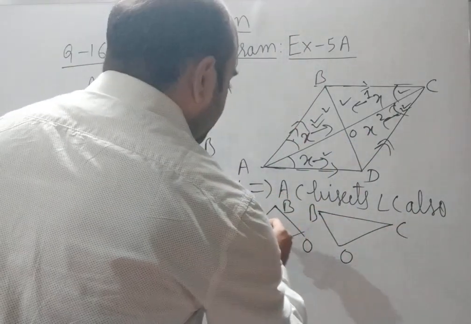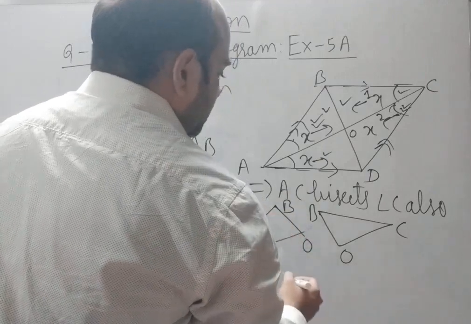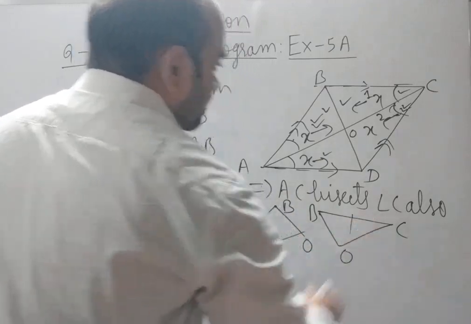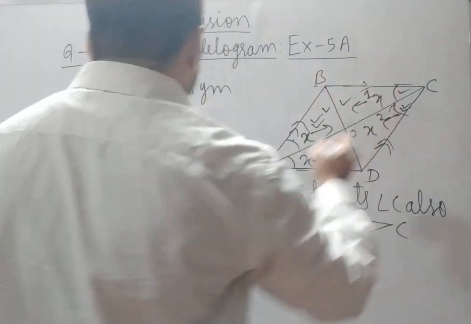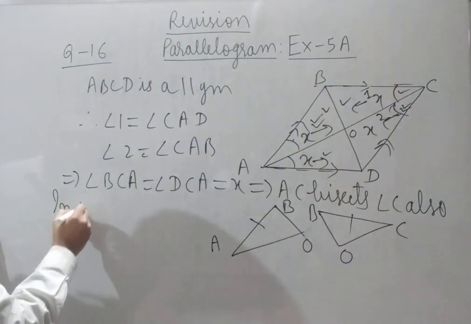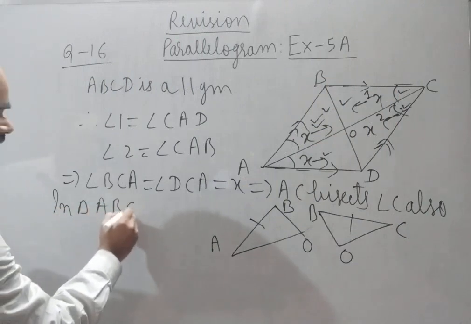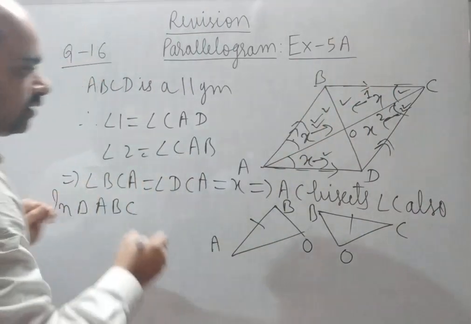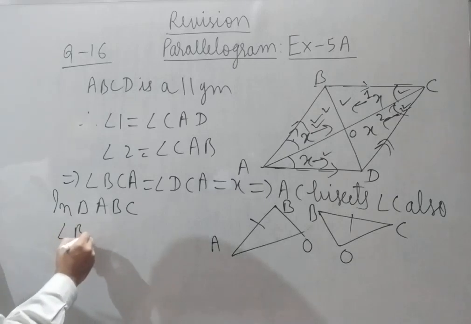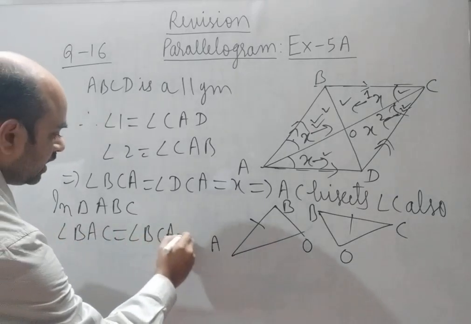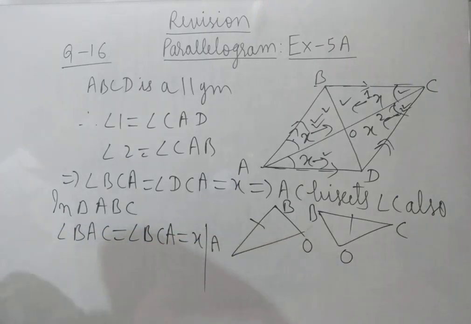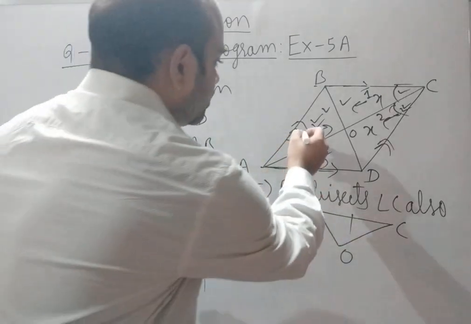In both the triangles, AB is equal to BC. Why? Since already, see in triangle ABC, already two angles are equal. See, angle BAC is equal to angle BCA equal to X both. Correct?